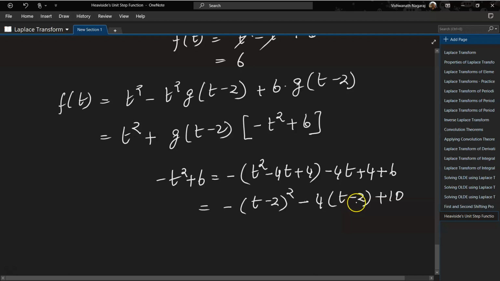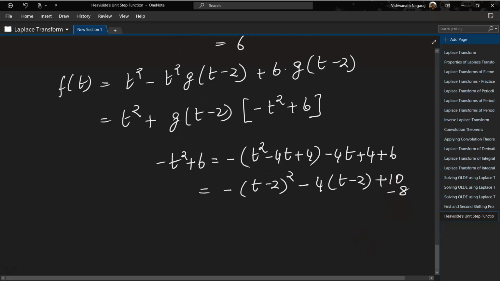Minus 4 times minus 2, that is plus 8. But here I have minus 4. So 8 extra I have added. So I have to subtract 8 to neutralize that. So minus t minus 2 square minus 4 times t minus 2, and I'm left with plus 2.